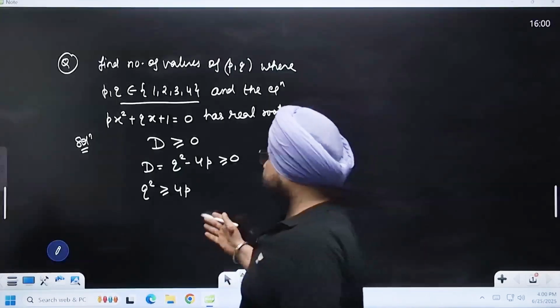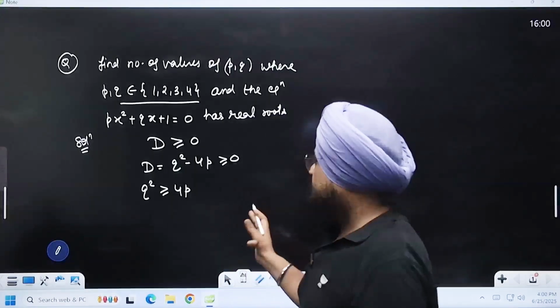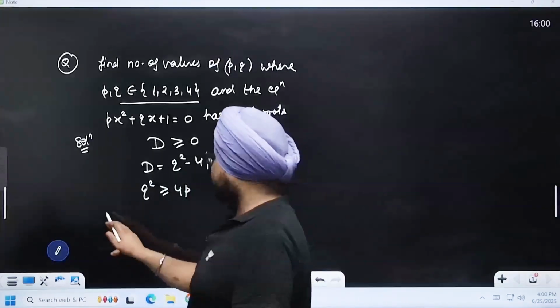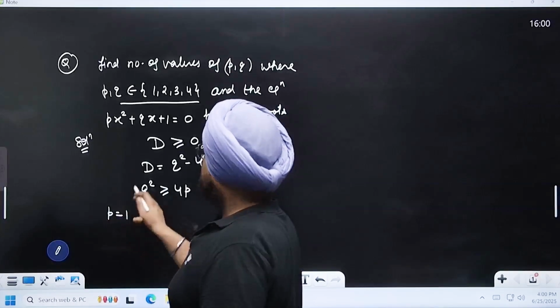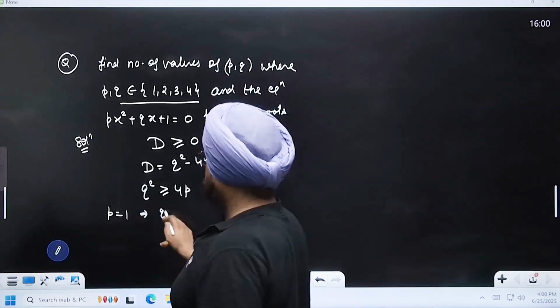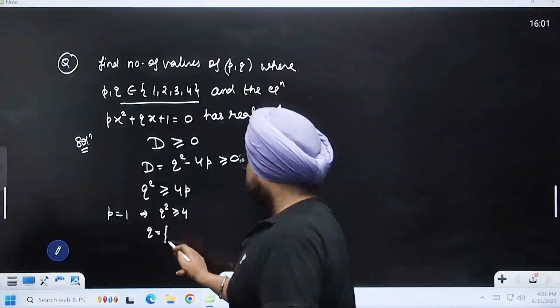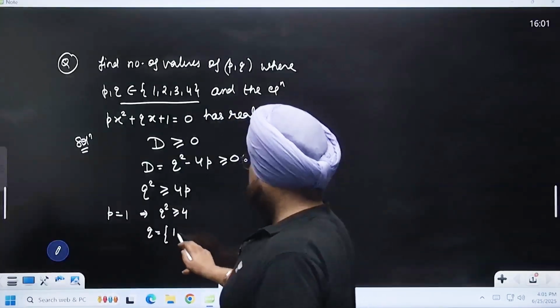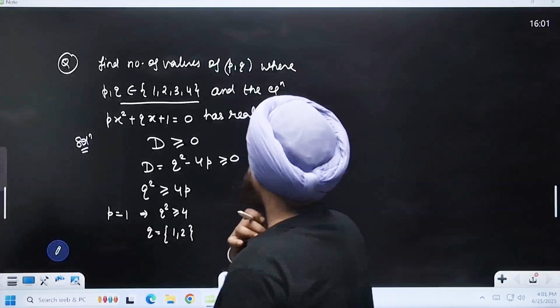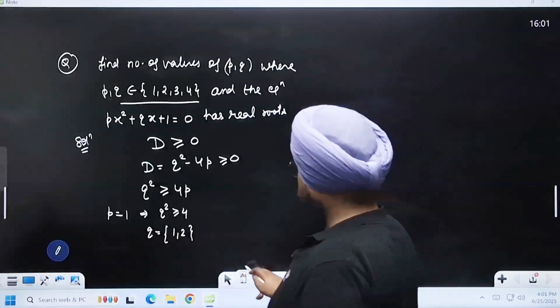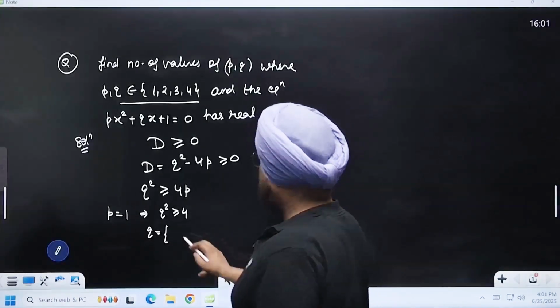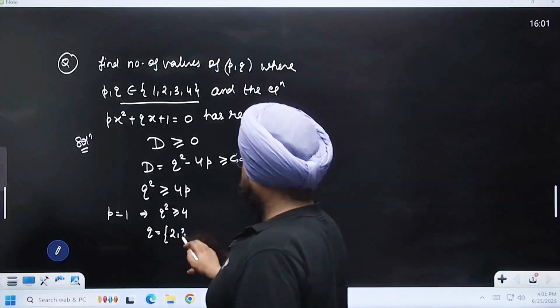Now let's fix one of the values, P, and get the other values. Say if P is equal to 1, then Q square should be greater than or equal to 4. The values Q can take are 2, 3 and 4.